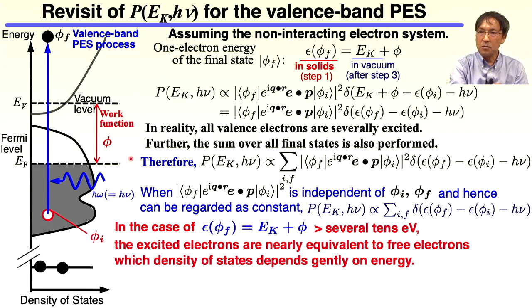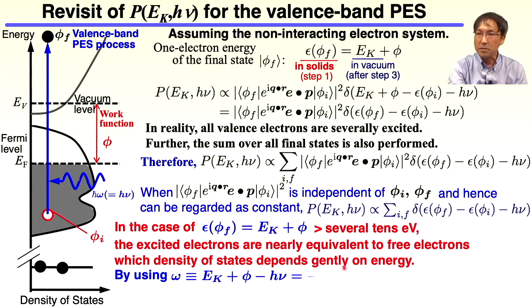such photoelectrons are nearly equivalent to free electrons. The density of states of the free electron is proportional to the square root of the kinetic energy in solids, which means that the density of states of the final state depends gently on the kinetic energy. Therefore, we can regard that as a constant within the realistic scanned energy range.